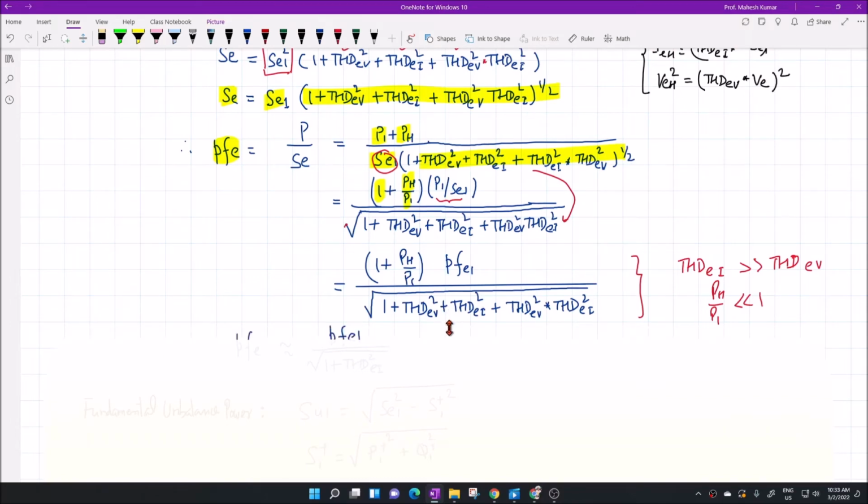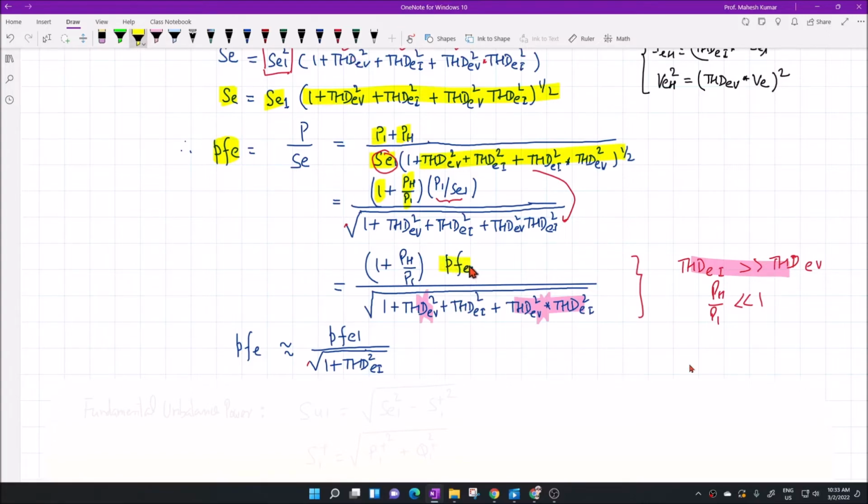Once we know this, we can simplify a little more, saying that THD in current is far greater than THD in the voltage, and therefore this can be ignored, this can also be ignored. So this will go away. So finally we can say PFE is approximately equal to PFE1 by square root of 1 plus THD EI square. What is PFE1?